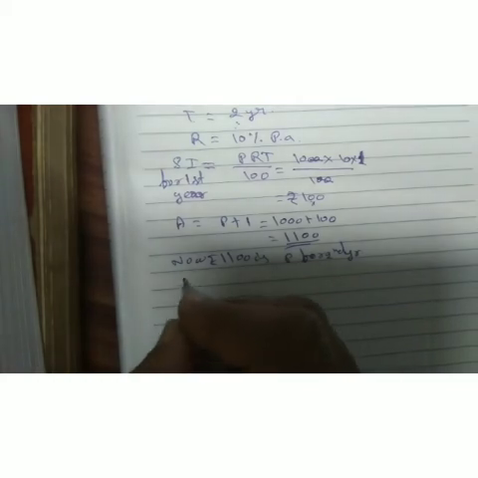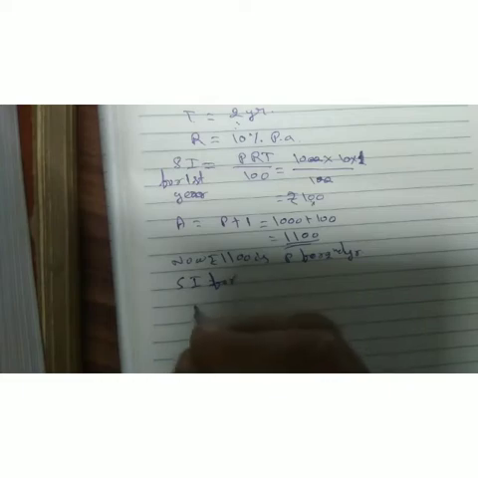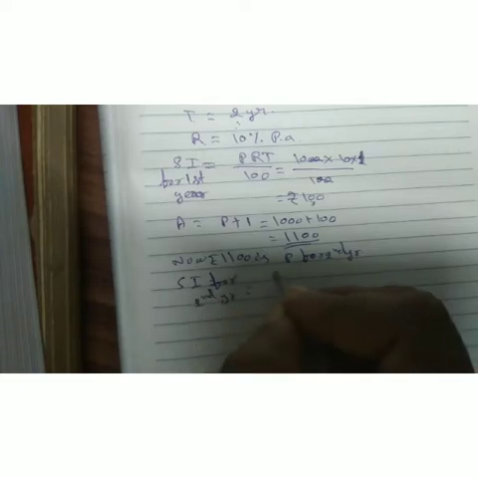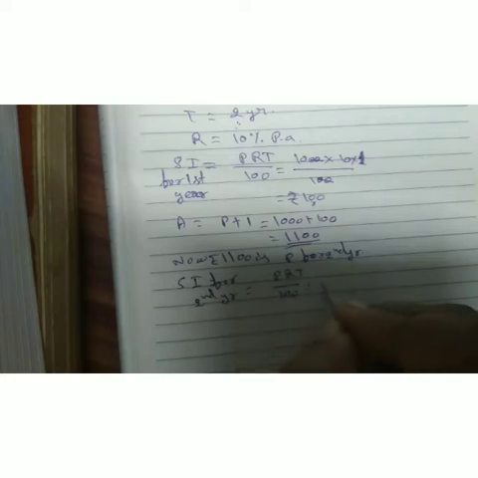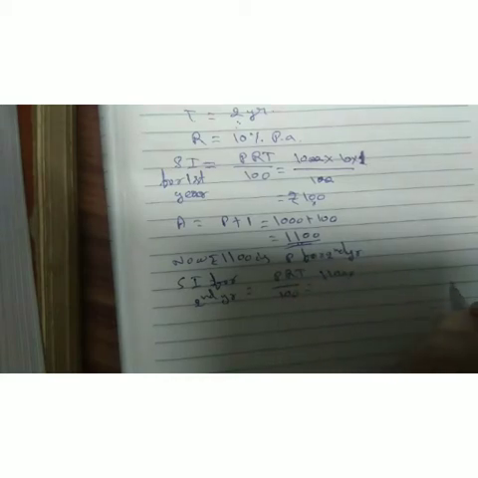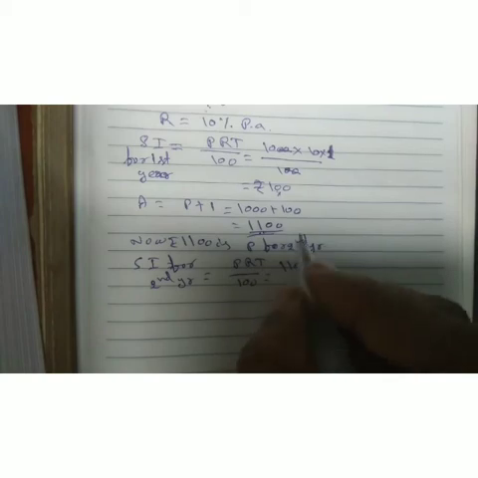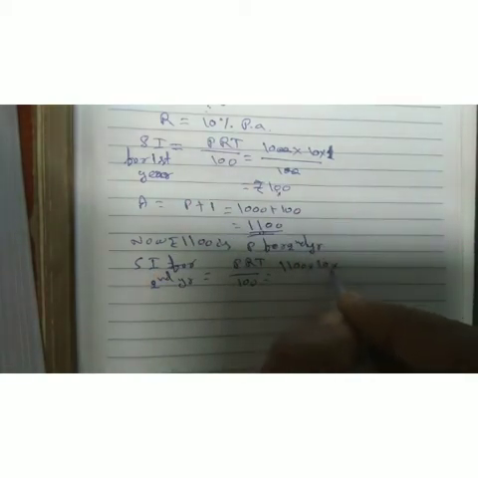Okay, so now we will calculate simple interest, the interest for the second year. P into R into T by 100. P is equal to here how much? 1100, into R is the same rate of interest, 10, into time.